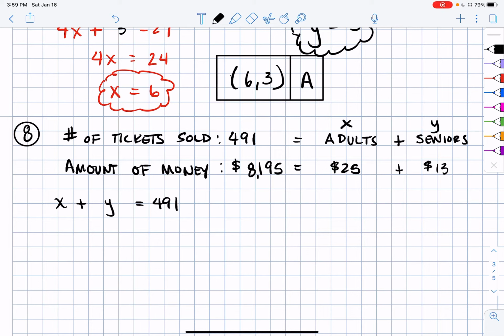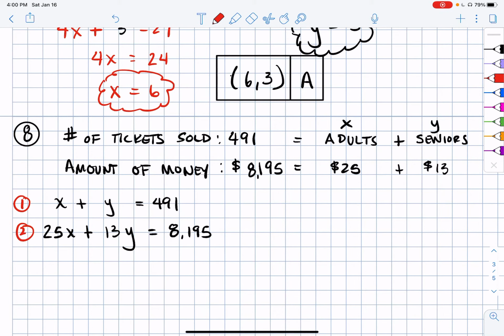Since adult tickets cost $25 each, 25 times X plus $13 for senior tickets times the number of senior tickets sold would equal $8,195. So that's my two equations. I'll call this equation 1 and equation 2.